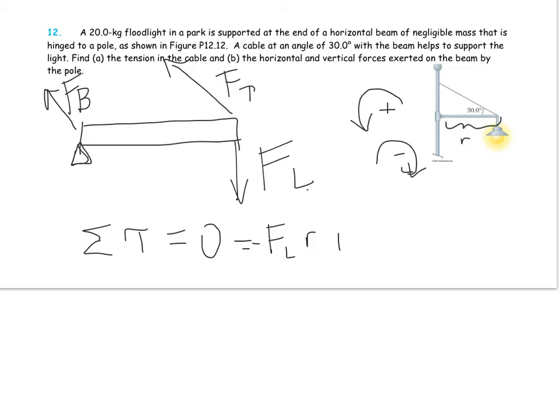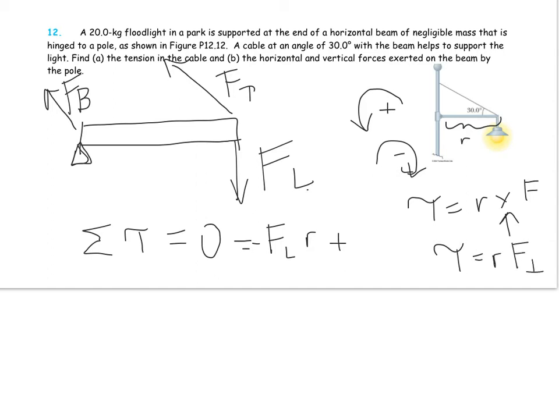and I'm going to add the torque from the string. Now, if you remember, your equation for torque is equal to R cross the force. And that cross here means the amount that's perpendicular. So the torque is equal to R times the perpendicular force.